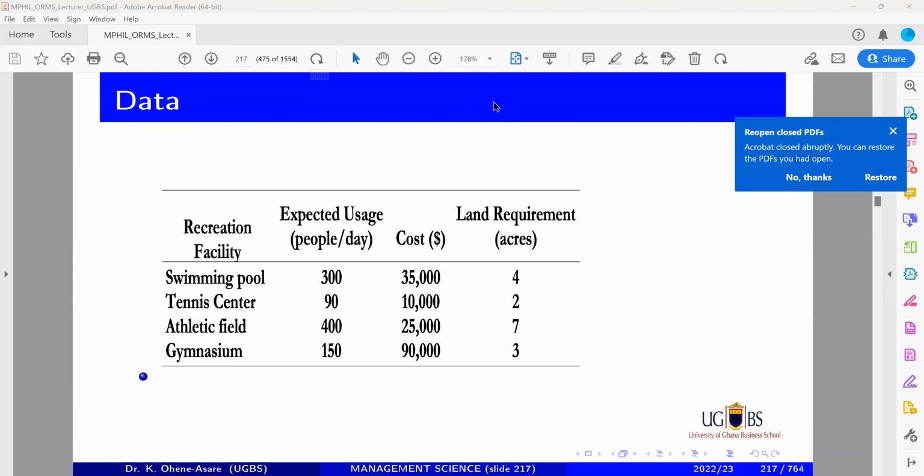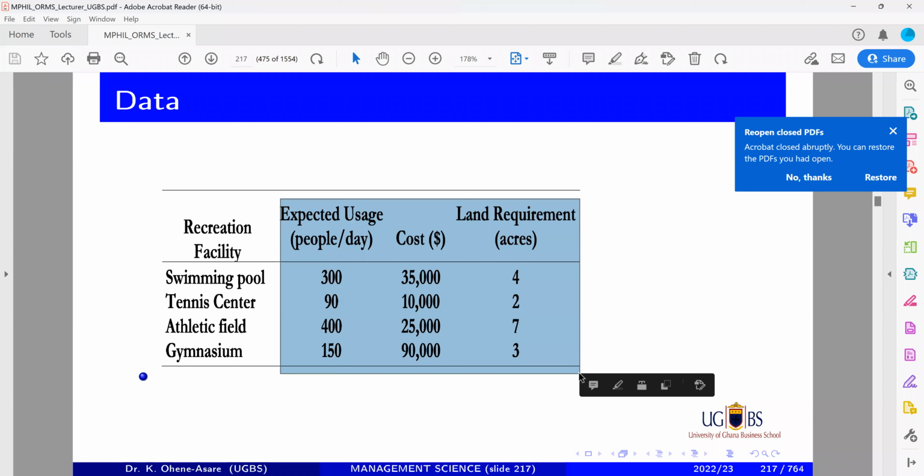Is it Z-min or Z-max? And which of these 3 columns are you going to be dealing with? Because those are the ones that have the numbers. Which of them? Is it the people, the cost, the acres? Which one are you doing? Let me ask Beauty.